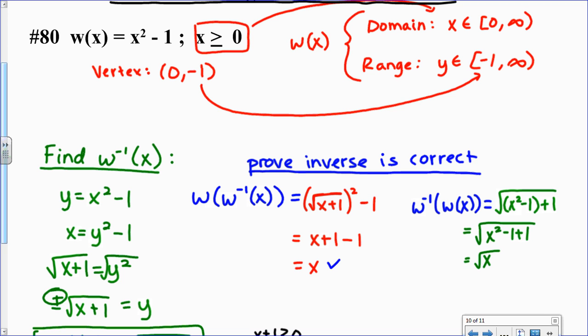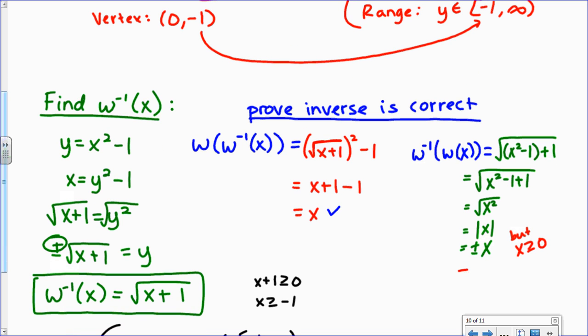So the square root of x squared. Okay, remember the rule: the square root of x squared is the absolute value of x, which is plus or minus x. But x has to be greater than or equal to 0. So it is just x.